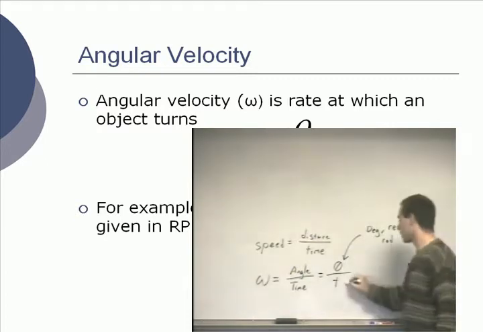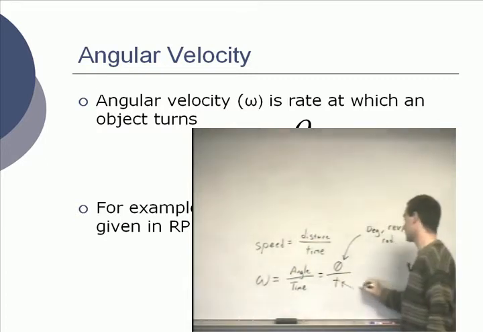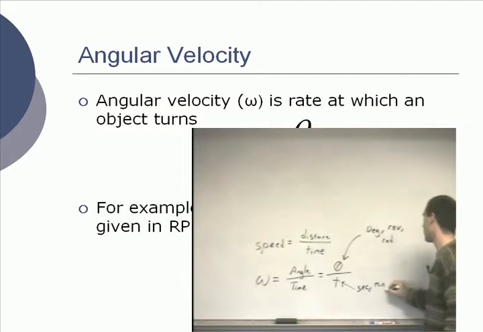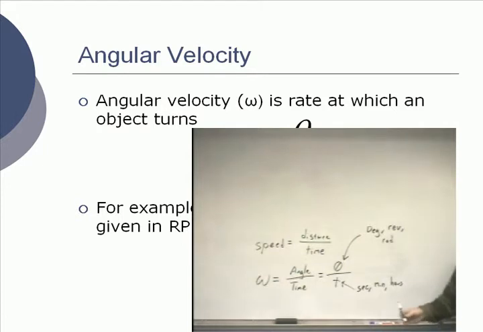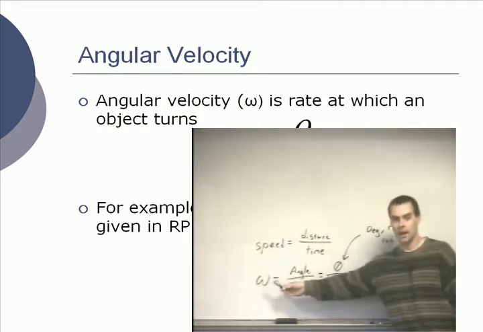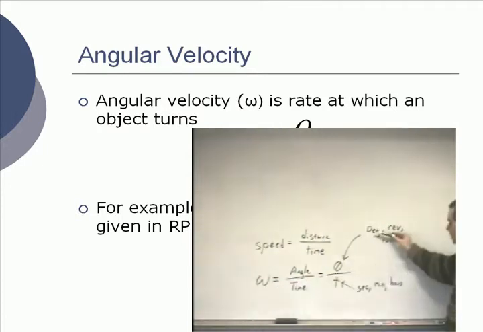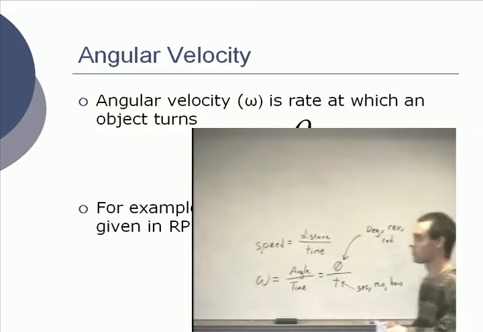Time is typically going to be in seconds, minutes, or hours. So that means the units on omega have to be some combination of that. It could be degrees per second, or it could be revolutions per hour, or it could be radians per minute, or it could be revolutions per second. But it's going to be some combination of those choices.